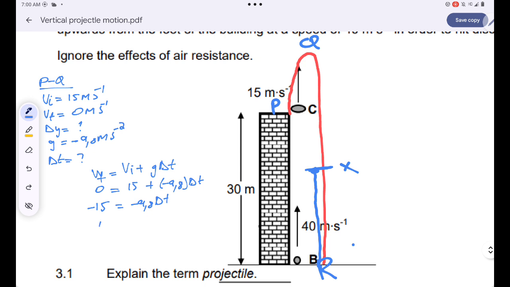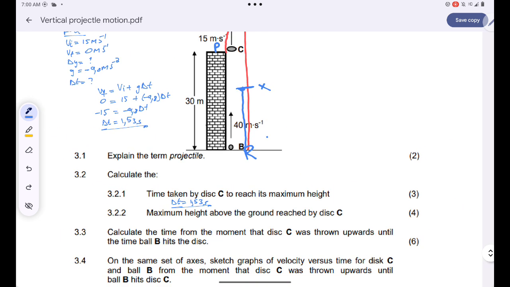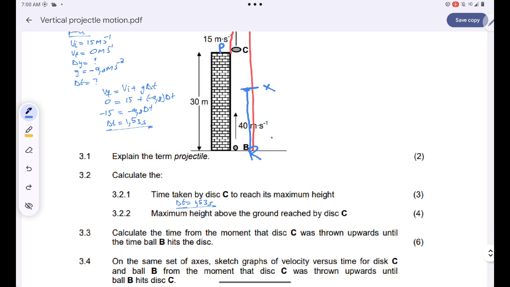You'll simply find that the time it took for the disk to reach maximum height is 1.53 seconds. So the time it took for the disk to reach maximum height is 1.53 seconds.